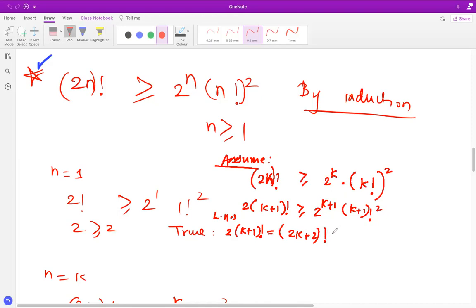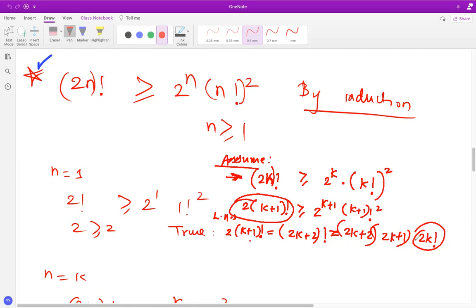And as I said, you always start with the equation for n equals k plus 1. So I'm just using my left hand side, and I'm going to make use of this somehow. When you do so, you're going to get (2k+2)(2k+1) times (2k)!. Now again, it's like a weighing balance, balancing both sides.